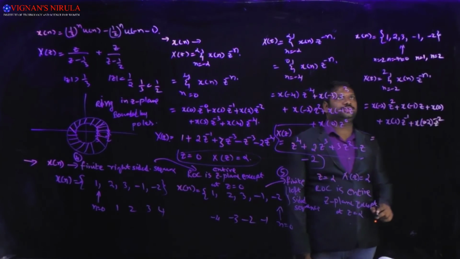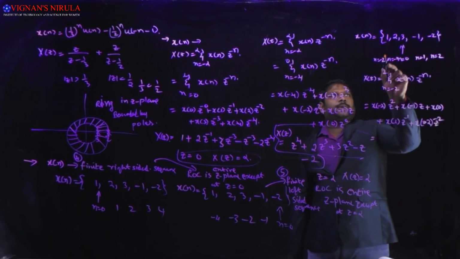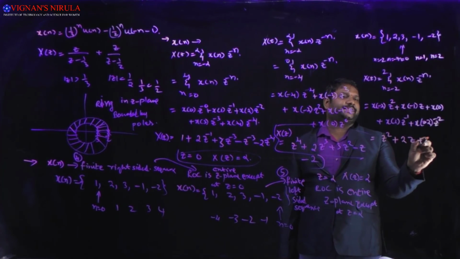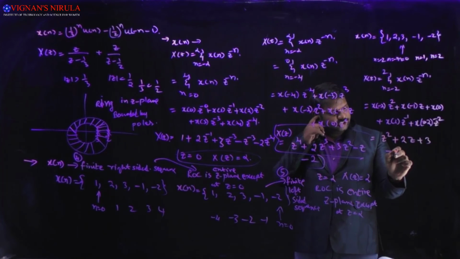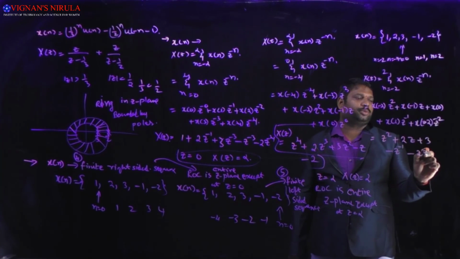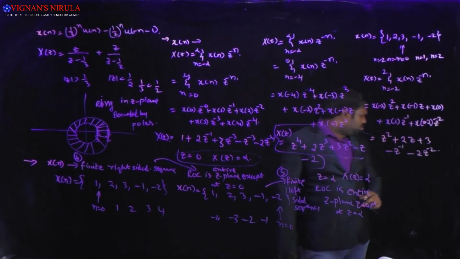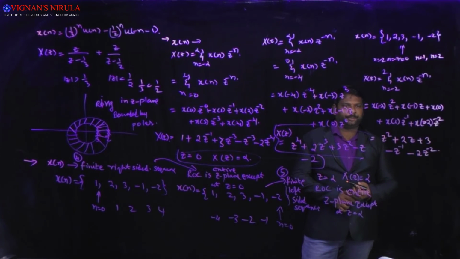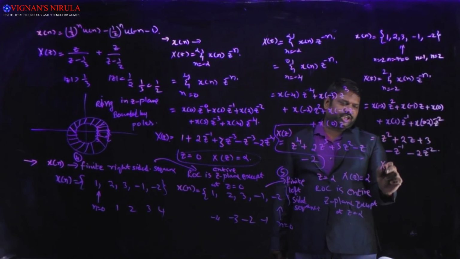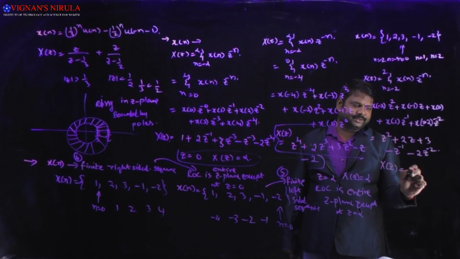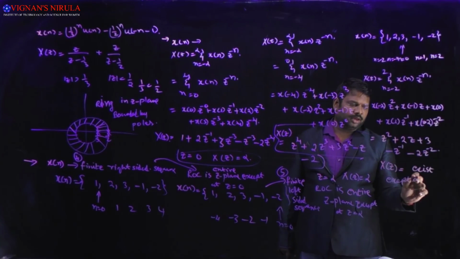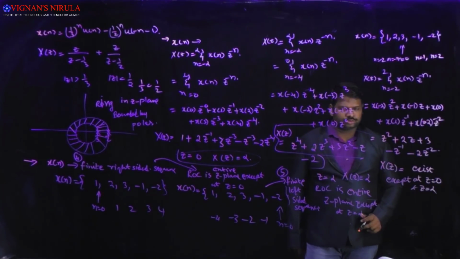I substitute the values now. For n is equal to minus 1, its value is 1. That's why z square plus 2z plus 3 minus z power minus 1 minus 2z power minus 2. As we have the negative powers of z as well as positive powers of z, this x of z will exist except at z is equal to 0 and z is equal to infinity.